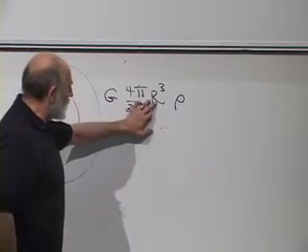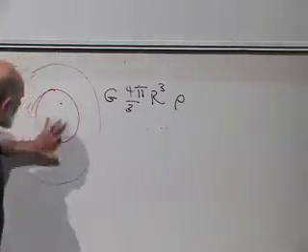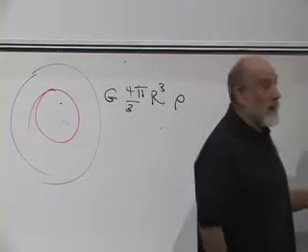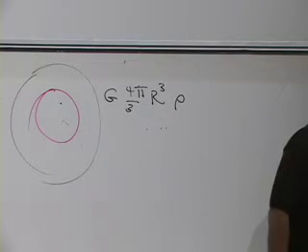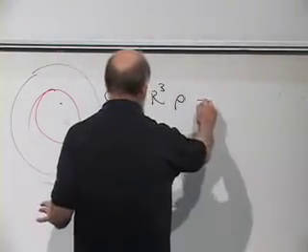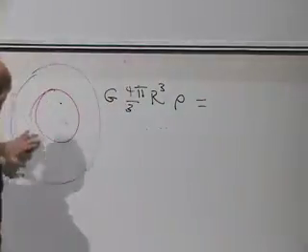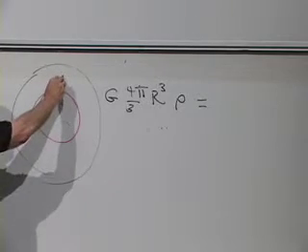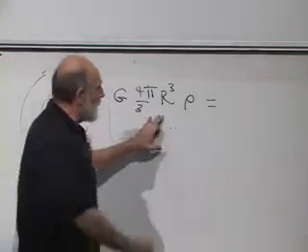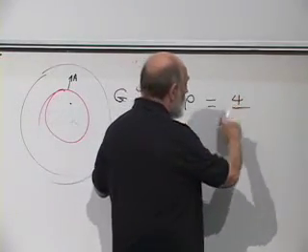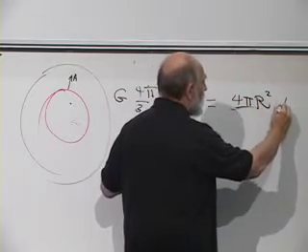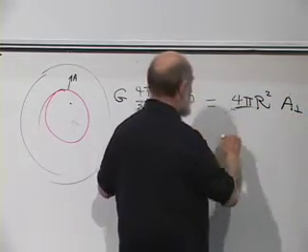4/3 pi r cubed times rho is the mass within that sphere, and we multiply it by g. That's one side of Gauss's equation. The other side is the integral of the component of A sticking out from the surface. That's equal to the surface area, 4 pi r squared, times A perpendicular. And there's a minus sign there.